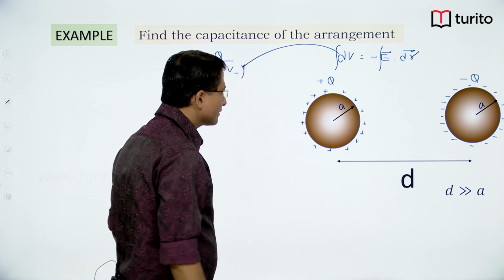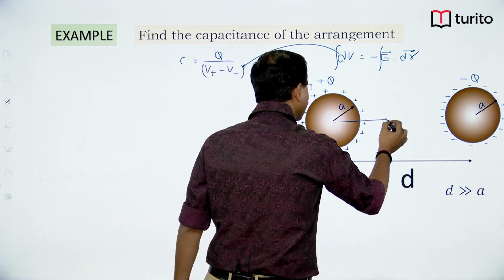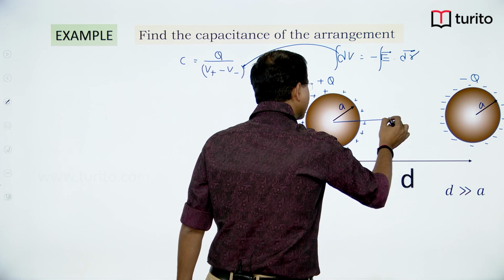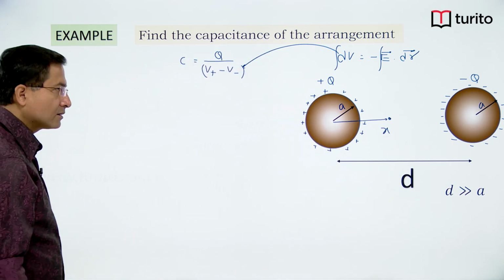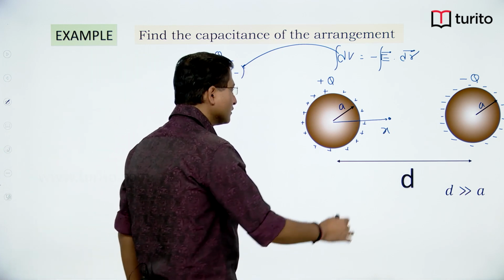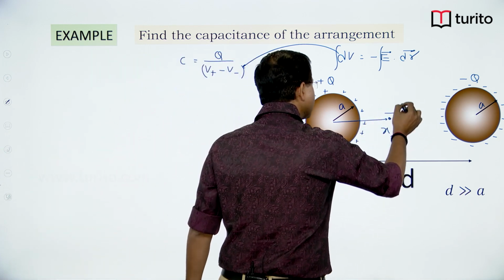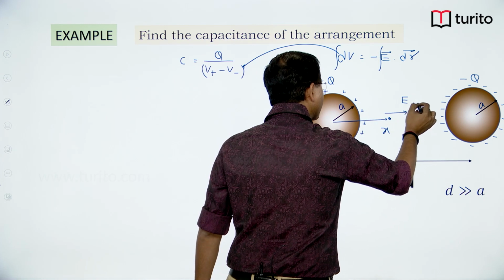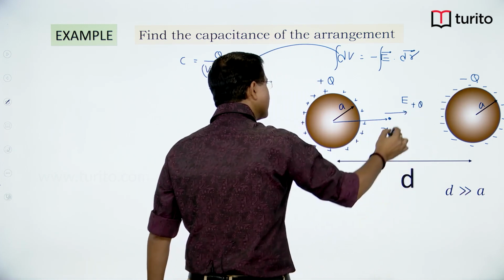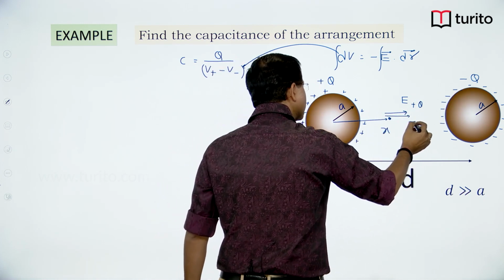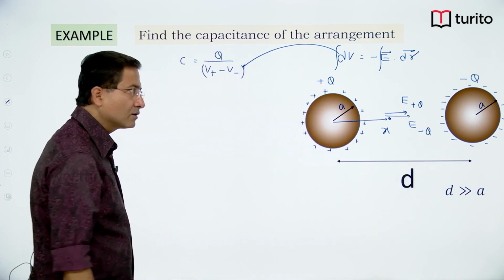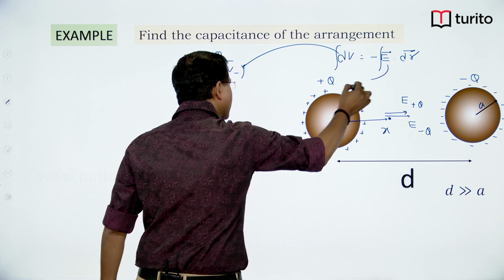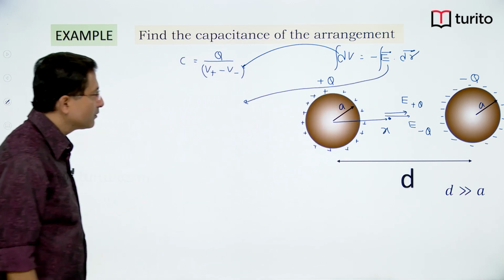So, if I take a point which is at distance x somewhere here, as you can see the positive charge will produce field in this direction, and this negative charge will also produce field in the same direction. So, the net field produced, in this expression I need to write the net field produced.